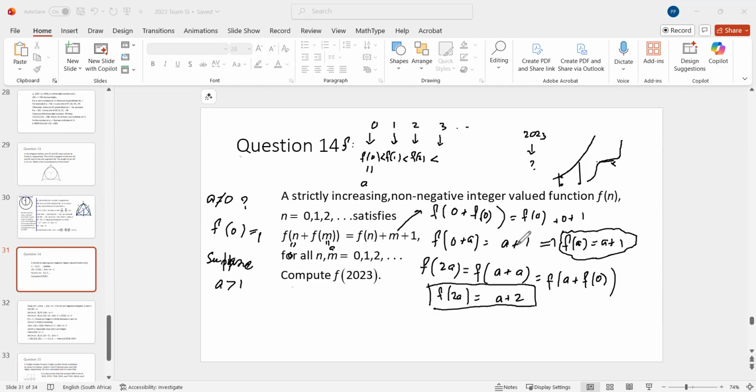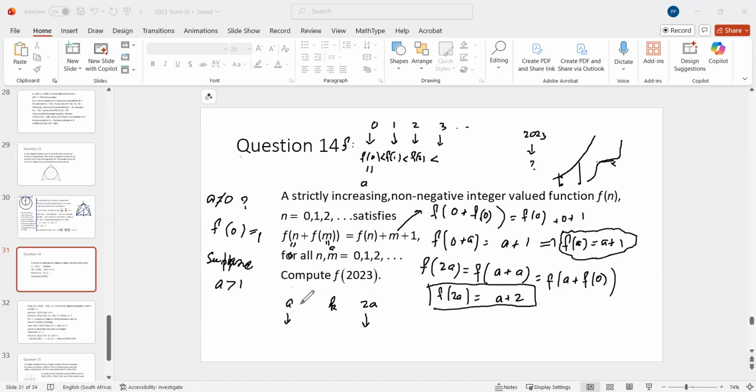Now, this is what we've got here. You see, we've got a and 2a. A is here somewhere, and you got 2a somewhere. If a is greater than 1, like a equals 2, this will be 2 and this will be 4. And if a is 10, 10 and 20. But the point is there is always an integer in between a and 2a.